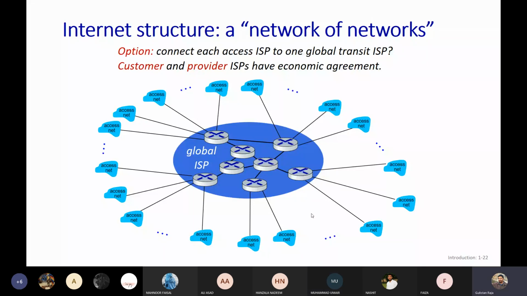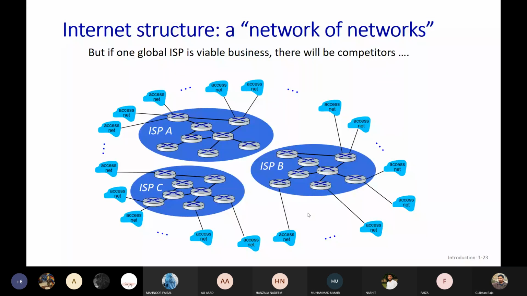But sir, practically speaking, one global ISP is not possible, because if there is one global ISP, they will be the only entity earning money. So naturally there will be competitors. Practically speaking, we have a list of international big ISPs.